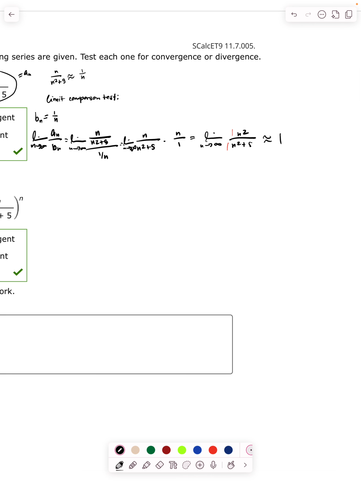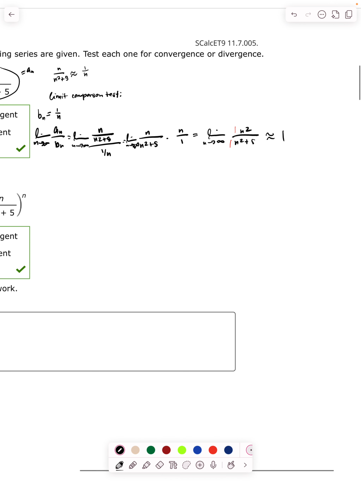The behavior as n goes to infinity is similar. So any time in a limit comparison test, if the limit of a_n over b_n is less than infinity, which is shorthand for saying it's finite, it's a number, then we can say that it acts the same way, and so a_n diverges.